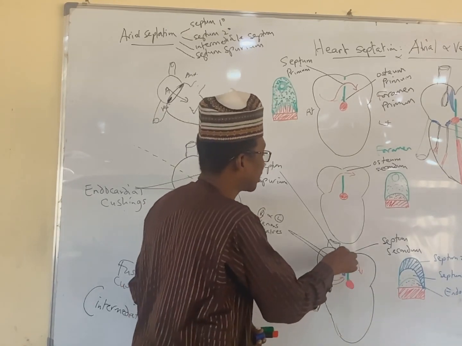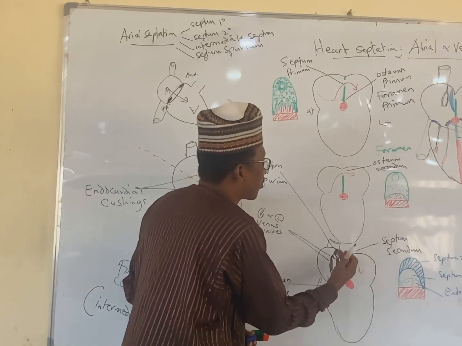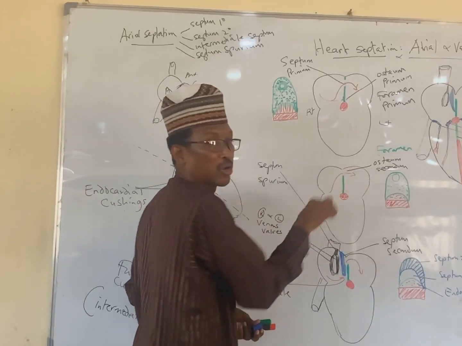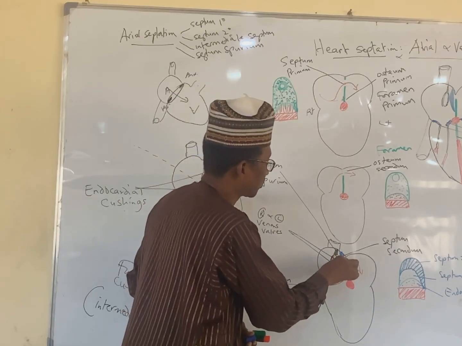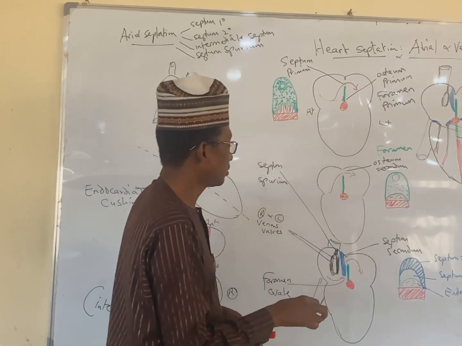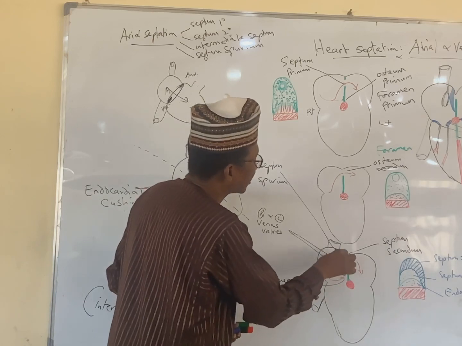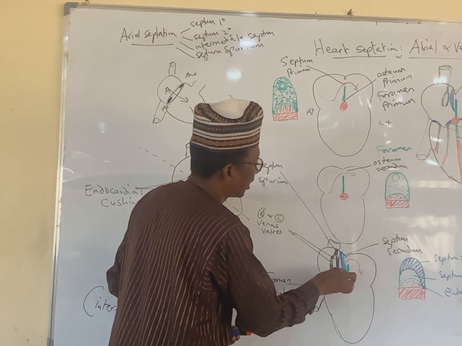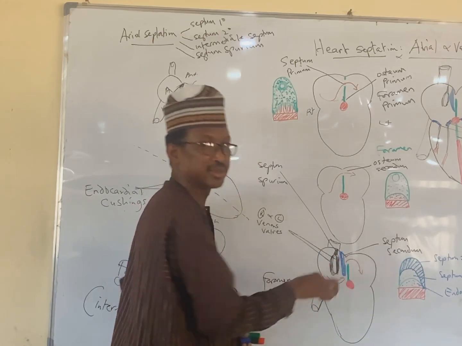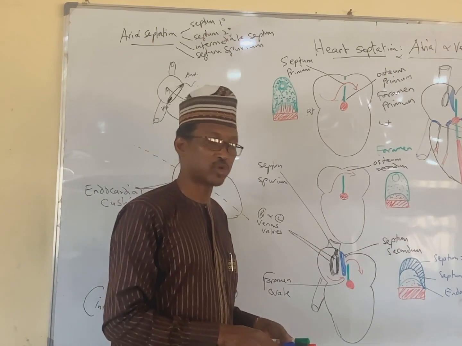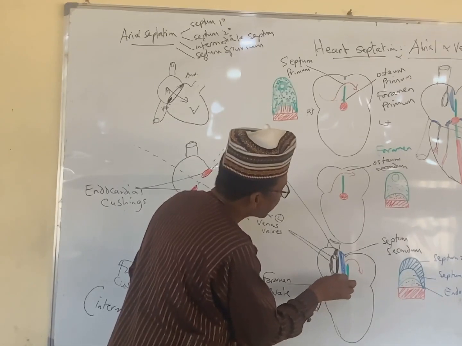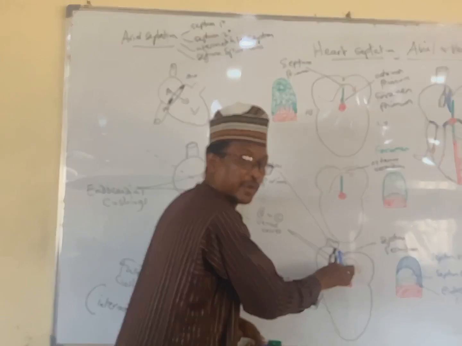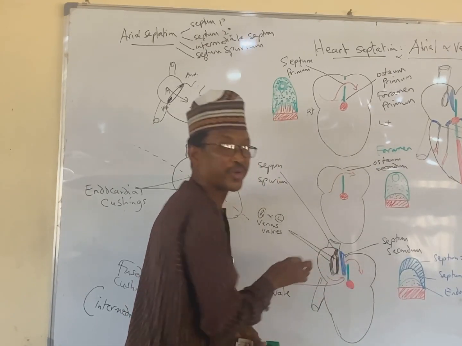Now you have the second septum dropping down from the right side of this septum primum, and this is what we call septum secundum. As this one is dropping down, it falls short of meeting the intermediate septum, so that there is a gap between the septum secundum and the septum primum.